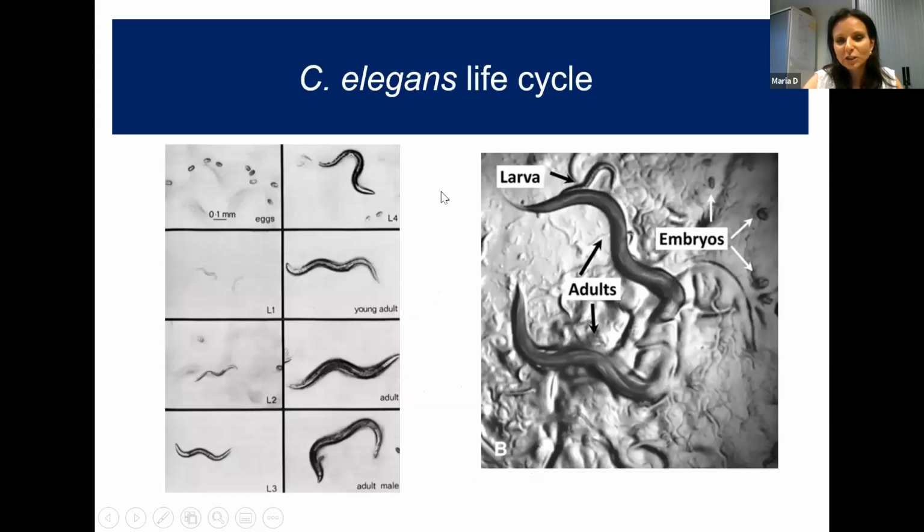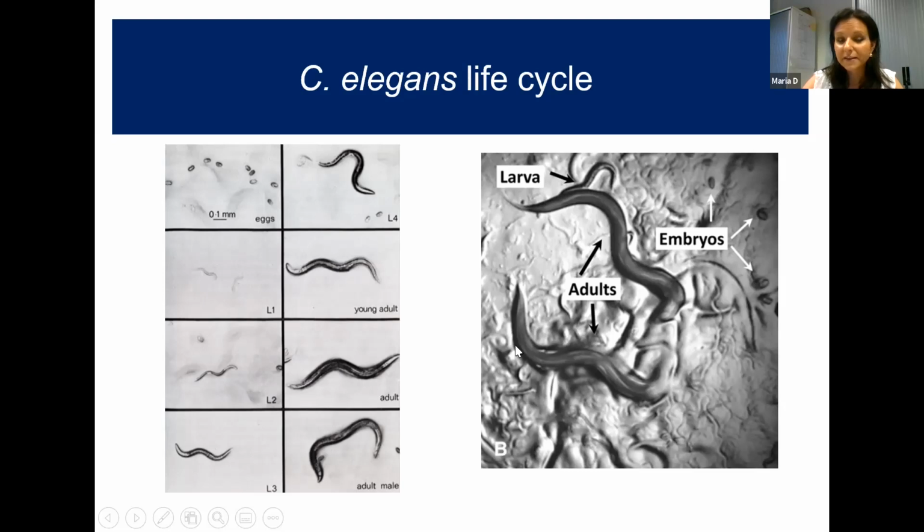These are just a couple of images so that you know how they actually look in real life. You can see the eggs here, and the L1s, which are really tiny. We don't really want to touch them because they're very small, petite and fragile. The L2, L3 and L4s are up here, then a young adult animal and an adult animal. You can see the intestine here is much more pigmented, and an adult male, and you can see the difference in the tail.